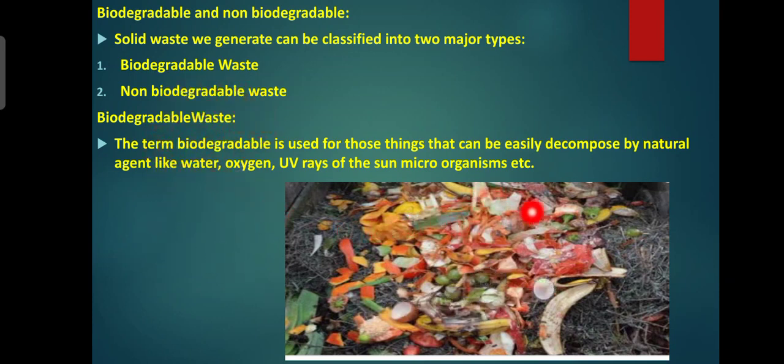The term biodegradable is used for those things that can be easily decomposed by natural agents like water, oxygen, ultraviolet rays of the sun, and microorganisms like bacteria, fungus, etc. One can notice that when a dead leaf or a banana peel is thrown outside, it is acted upon by several microorganisms like bacteria, fungi or small insects over a period of time.